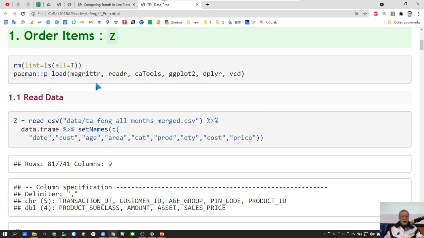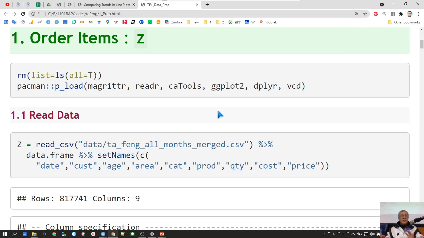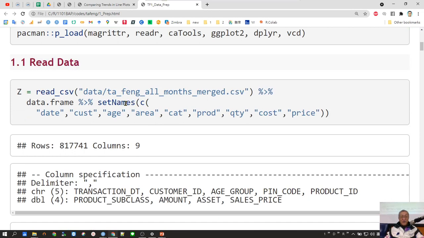So let's take a look at this notebook, and just raise your hand if you have a question, okay? You have done this already, right? So we read in the data and put it in Z, and that is just my own personal habit.